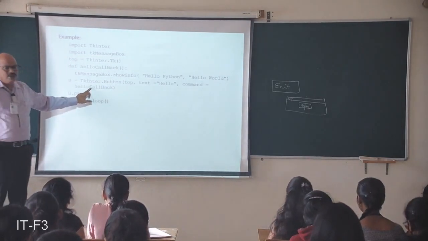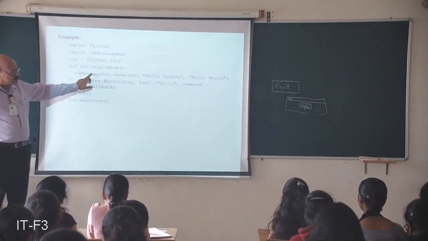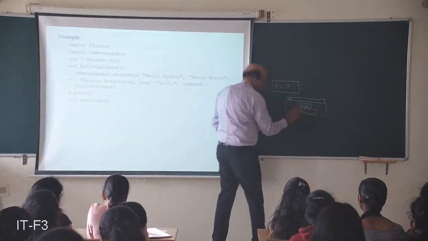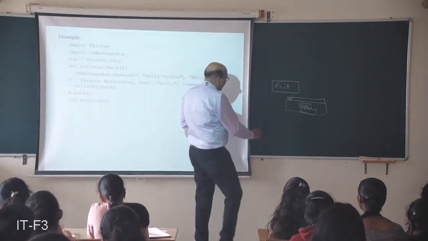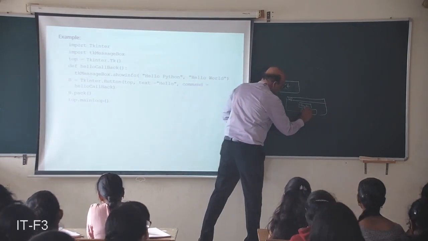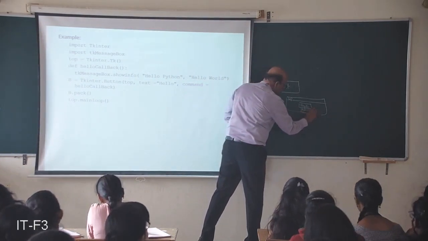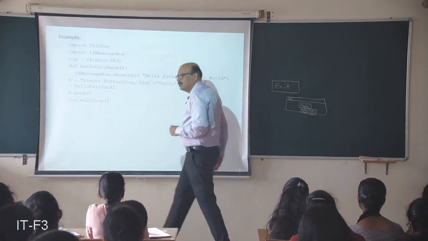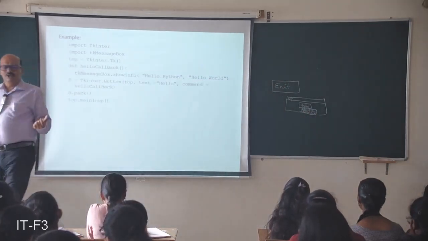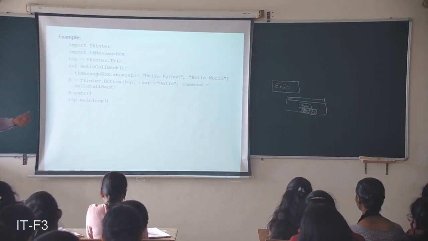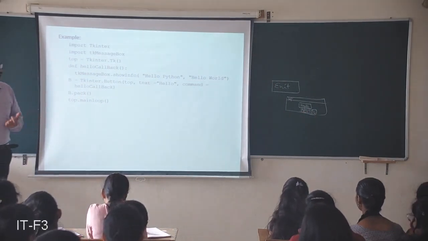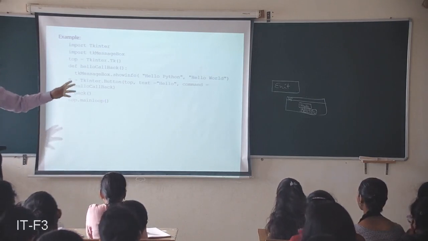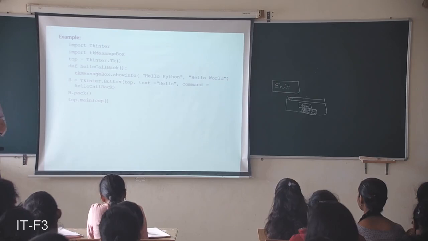The code is already defined here, so a new message box will appear, and you will see the hello Python and hello world messages. This is the output. As long as you hold the mouse button, it will be displayed. When you release the mouse button, the message box also disappears.